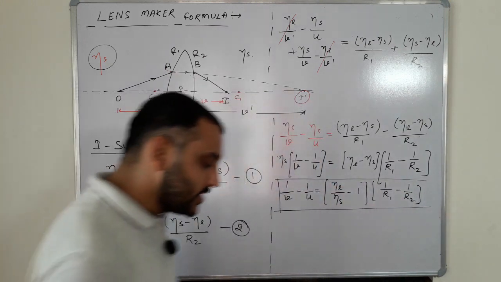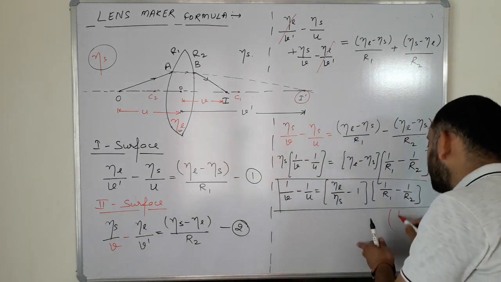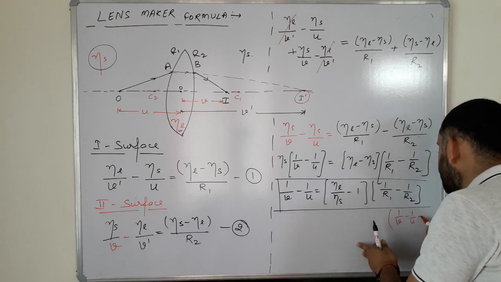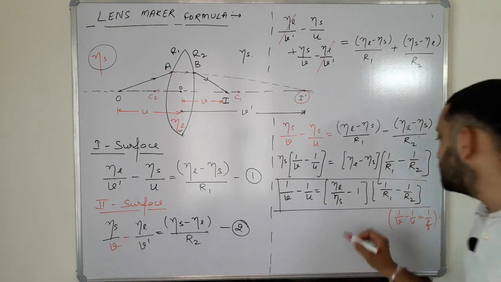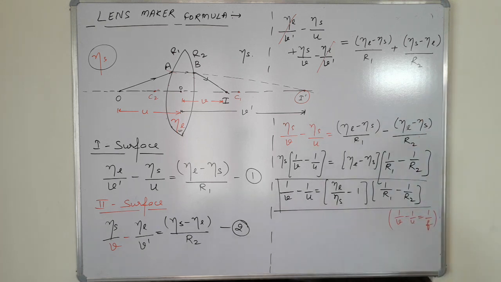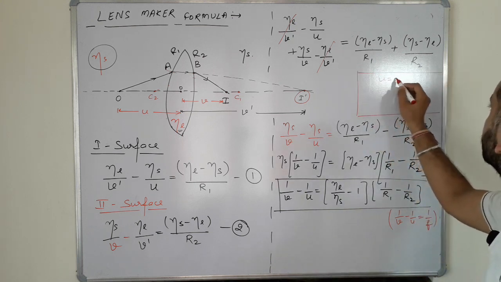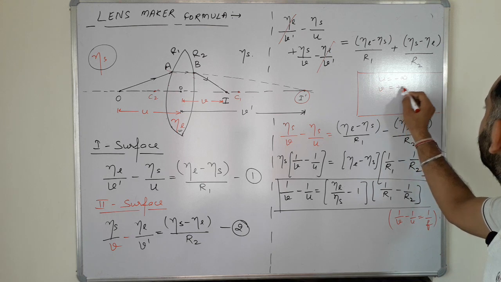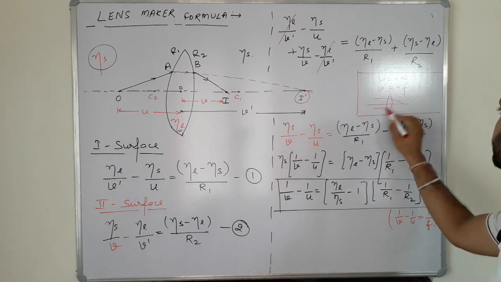Now according to the thin lens formula, we know that 1 by V minus 1 by U is equal to 1 by F. Or we can say that if U is equal to minus infinity, then V will be plus F. Hope you remember that particular thing, that if U is equal to minus infinity, then V will be plus F for the lens, for each and every lens.